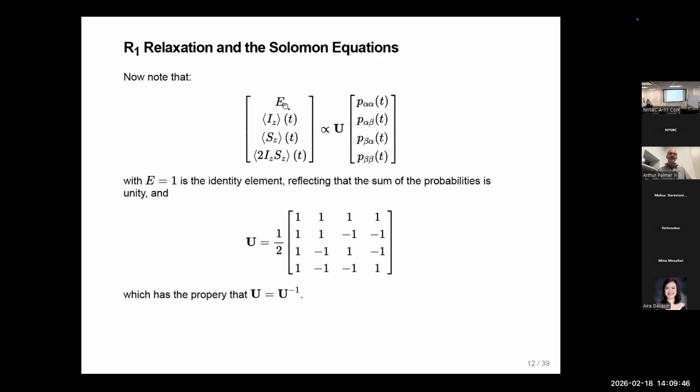So obviously the E is easy, I just add them all up. IZ, we have to take entry 1 and entry 2 and subtract entries 3 and 4. SZ, I have to take 1 and 3 are positive, 2 and 4 are negative.